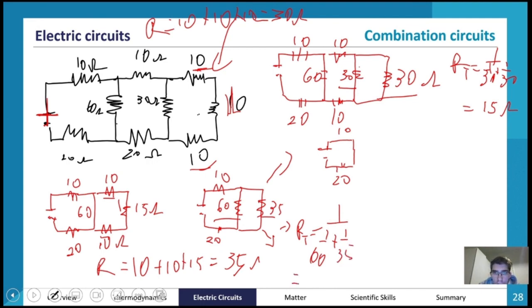That means it would be 1 on 60 plus 1 on 35. That would be 22.11 ohms.